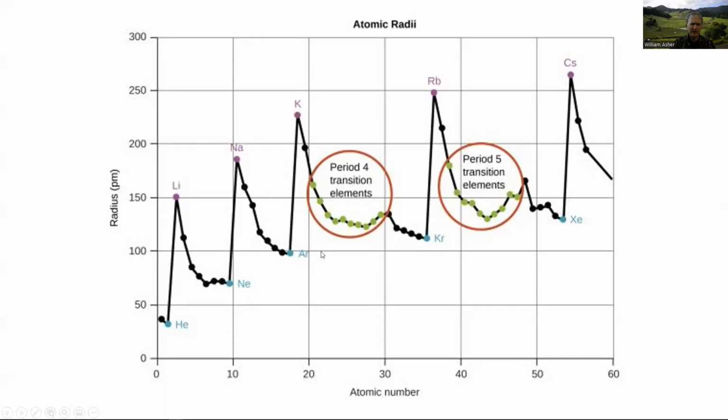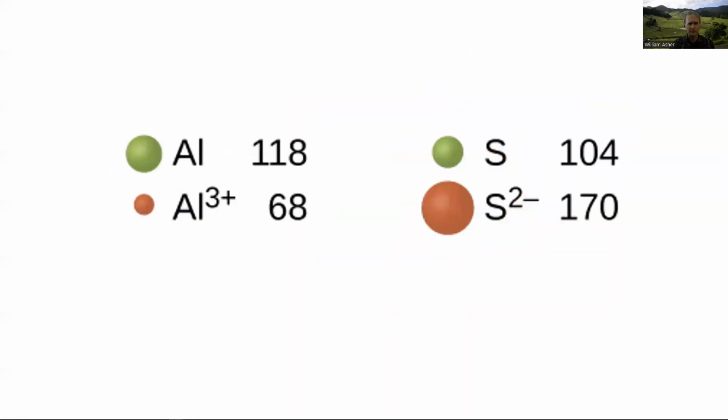And because of that, you get some interesting features of what's going on. So for example, here you have aluminum atom, non-charged atom, neutral atom, and its atomic radius is 118 radius units, which I think are angstroms. I can't remember. I'd have to look that up.